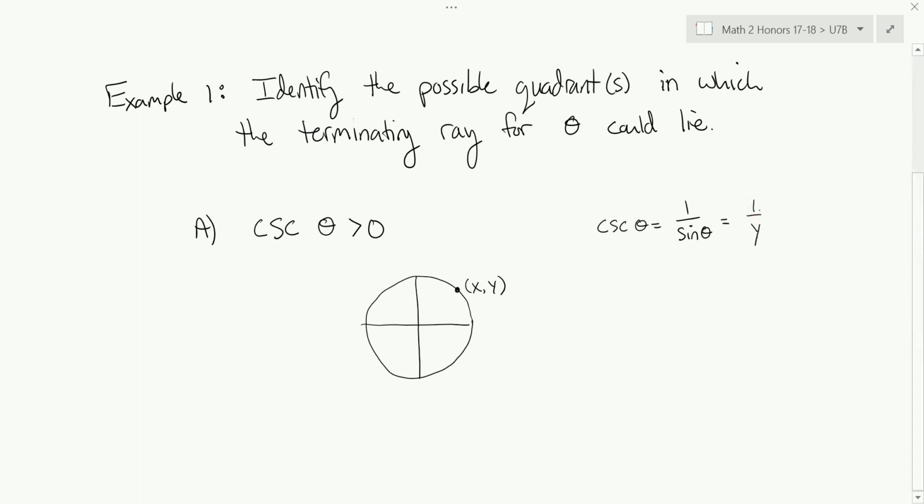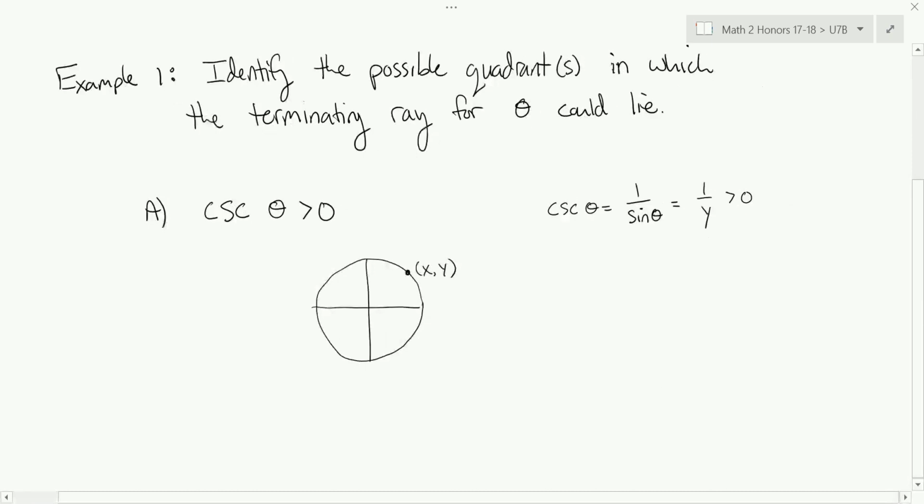We know that's greater than 0, which tells us that y needs to be positive or negative. Which one? Positive. So this boils down to the same question: in which quadrants is y positive?